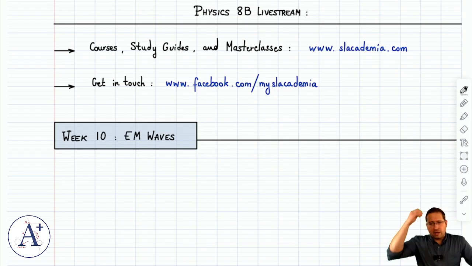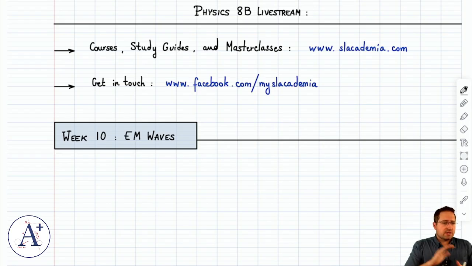Anyway, today we're going to talk about EM waves. We're going to introduce a whole bunch of new stuff that if you haven't done mechanical waves in Physics 8A, then it's really going to be new. If you were lucky enough to have someone who does treat mechanical waves in 8A, then this is going to look very familiar. It's the same mathematics as mechanical waves.